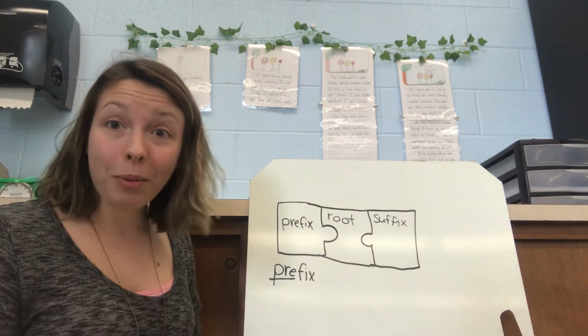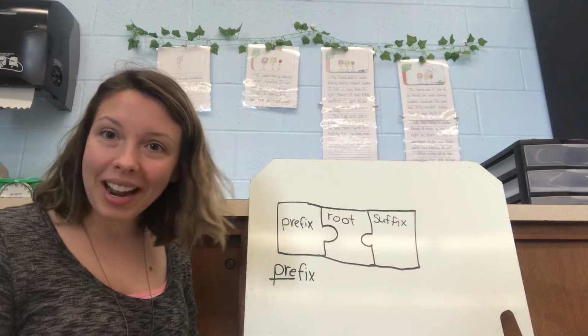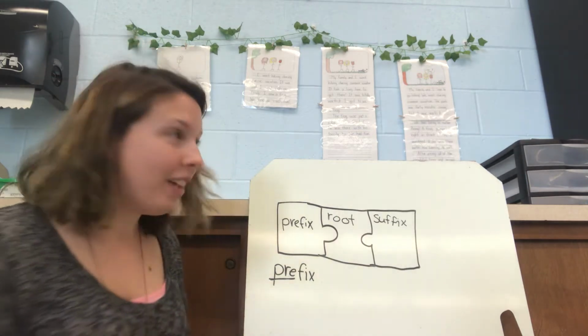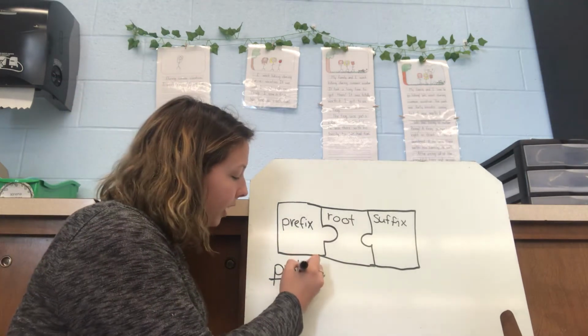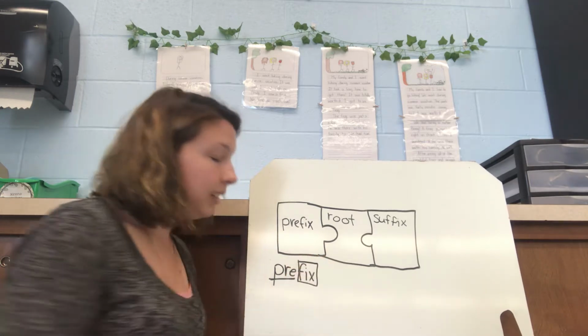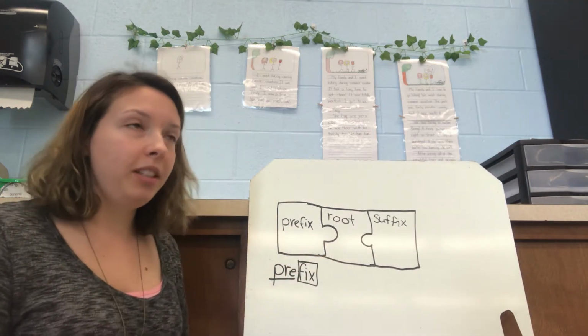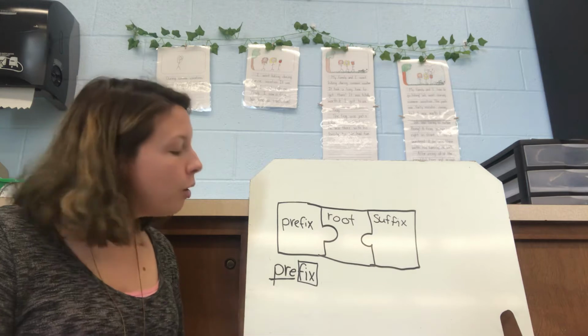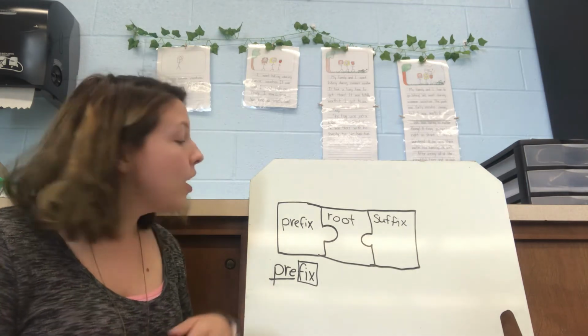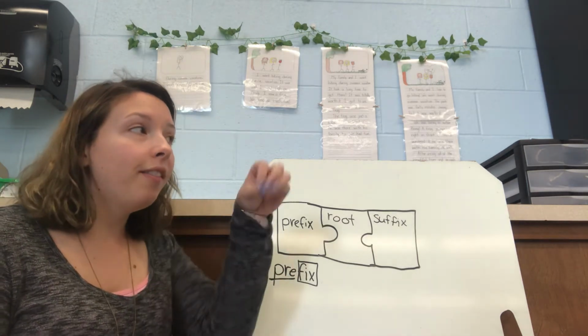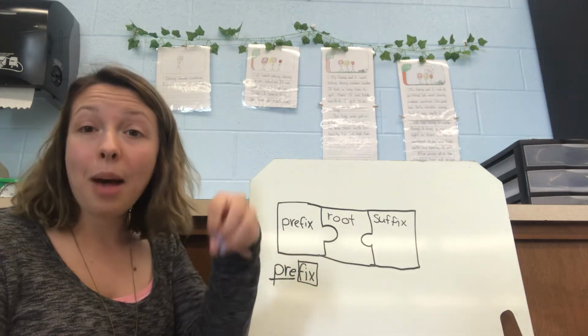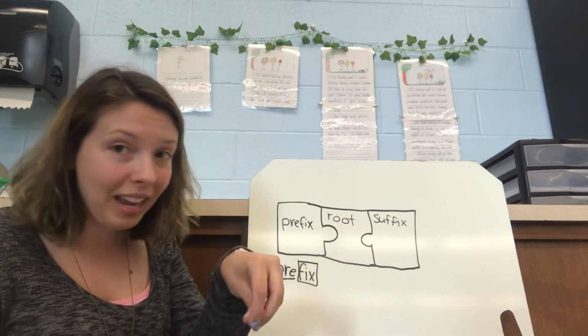Now I'll give you an example of a root. Hey, wait a minute. There's a root inside of prefix. The root is the word fix. So fix can mean a couple different things. It might mean that something's broken and we need to repair it. Or it could also mean that something is fixed in its place, which means it's not moving. So it's where it's supposed to be.